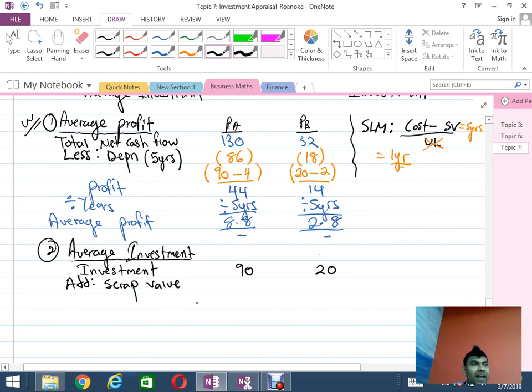Why do we add the scrap value inside the investment? Because you dispose the investment. Am I right? So you need to add it back inside the investment. So 4, 2. So you get 94, and you get 22. And then you divide it by 2 to get the average investment.